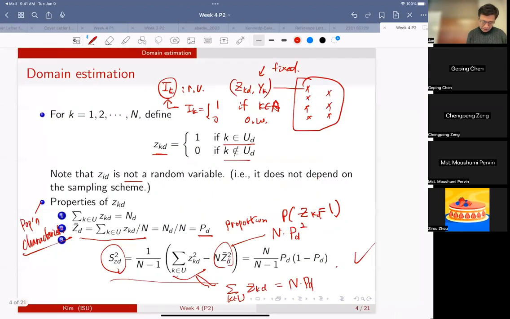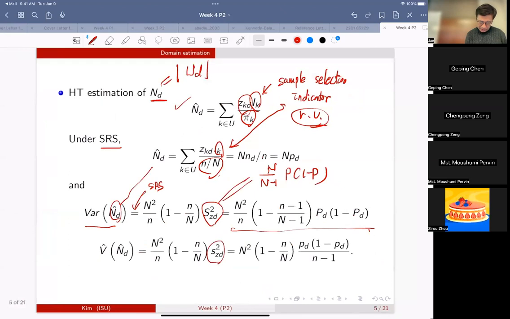We didn't really introduce here what this is. Small s_d squared is basically a sample version, right? Sample version of the sum of (c_kd minus c bar_d) squared. So this is a population version, right? This is a sample version.